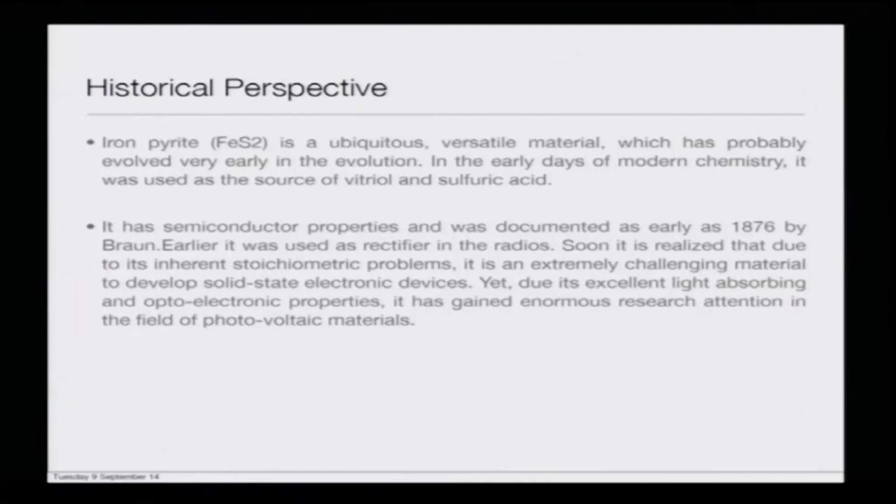Okay. So, historical perspective of iron pyrite, if you look at it, it is a ubiquitous molecule. As a matter of fact, iron pyrite is available all over the place, especially if you are walking by the road and there is a drain, if you go slightly underneath where there is a lack of oxygen, you will see there is iron pyrite present there.